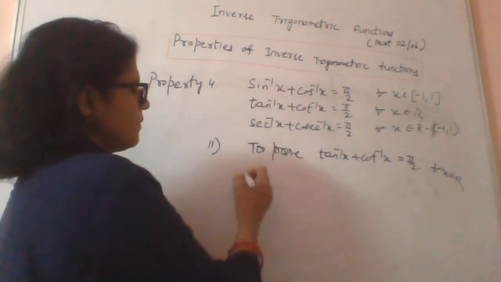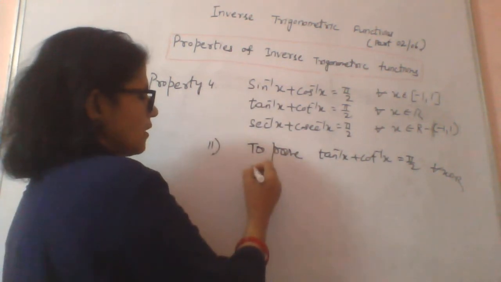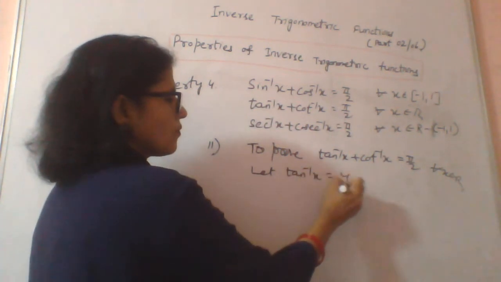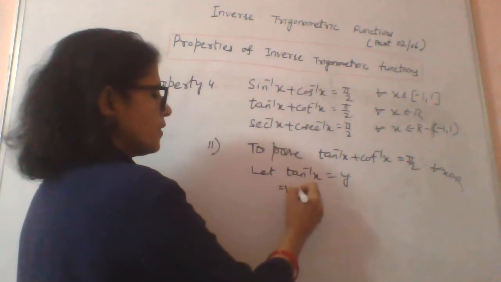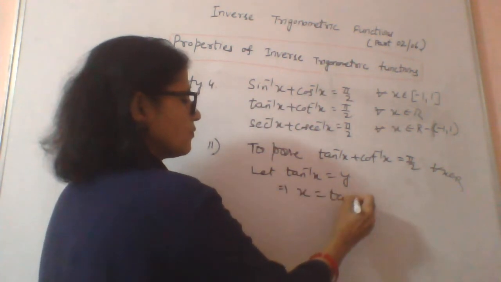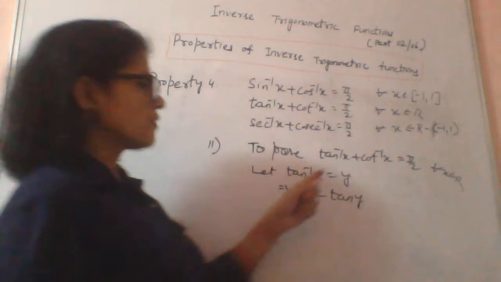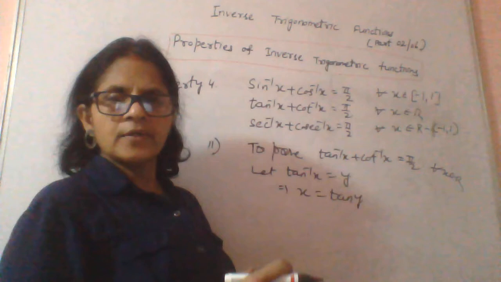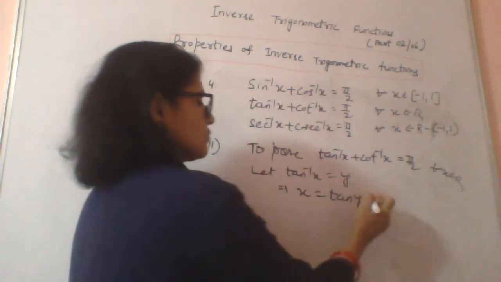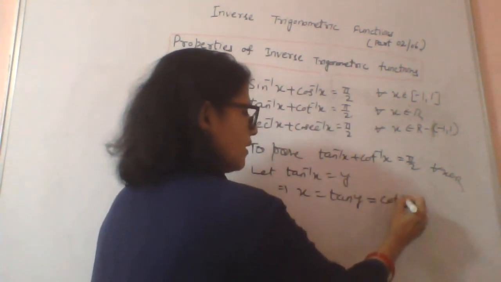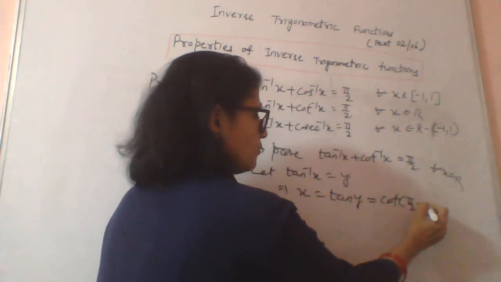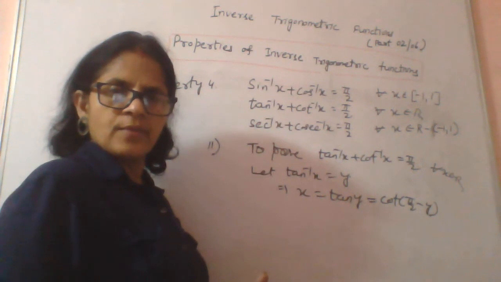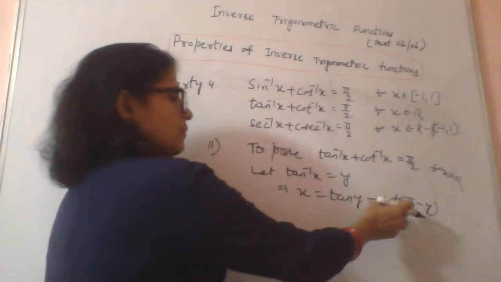So here you see, to start with, let tan inverse x equal to y. It means x equal to tan y, and as you can see here, we are combining tan inverse and cot inverse. So tan y can be written as cot of pi by 2 minus y. We know tan theta equal to cot of pi by 2 minus theta, so I have used this one.